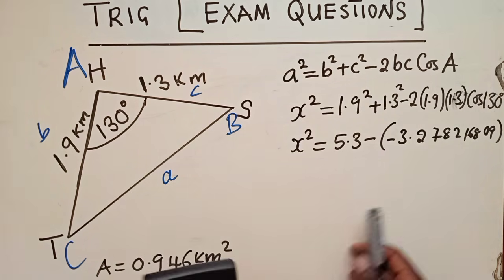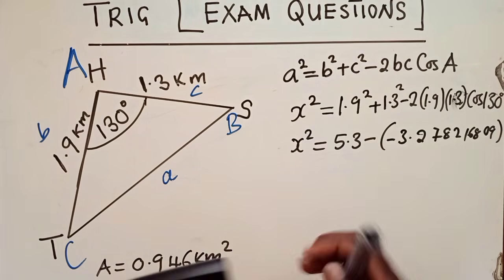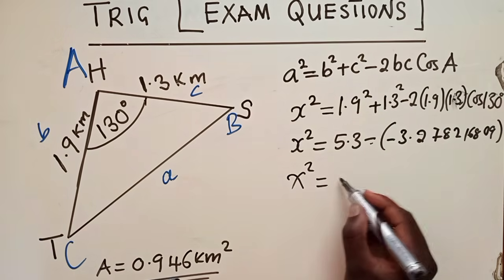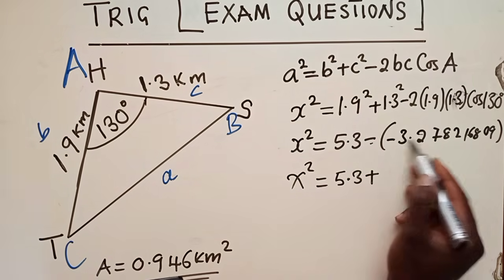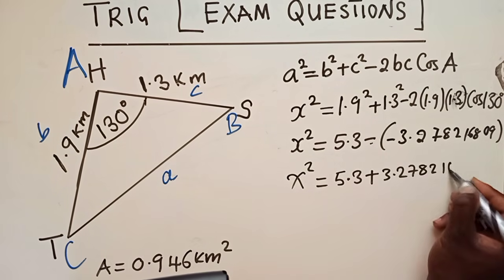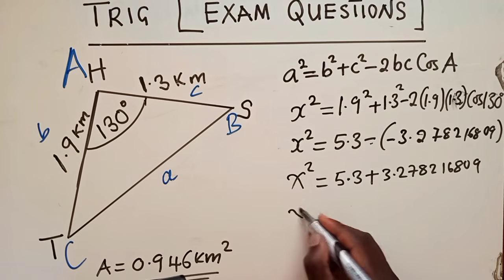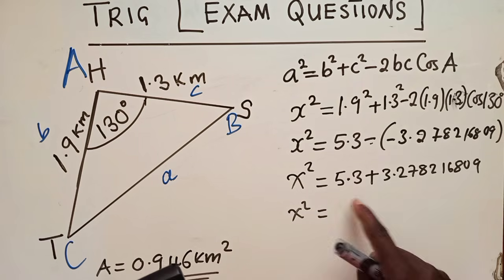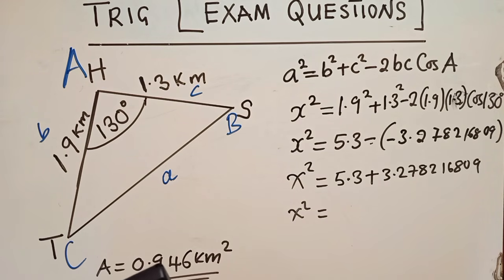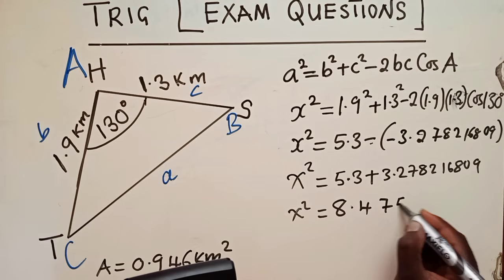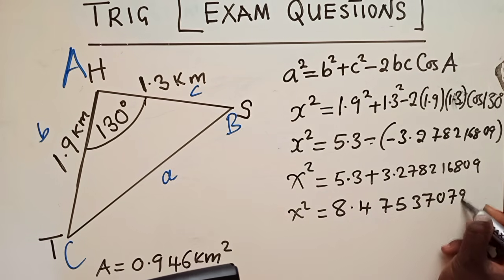So once you get this, you have a negative and a negative. You have 5.3 plus 3.278216809. x squared is equal to, let me see what I'm getting when I add these. I'm getting 8.475370792.